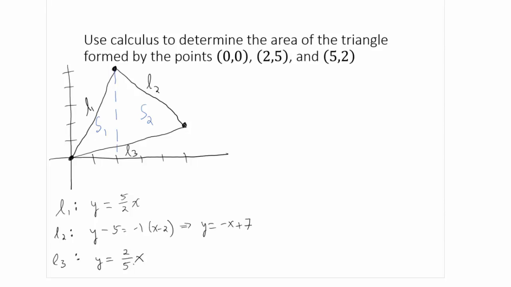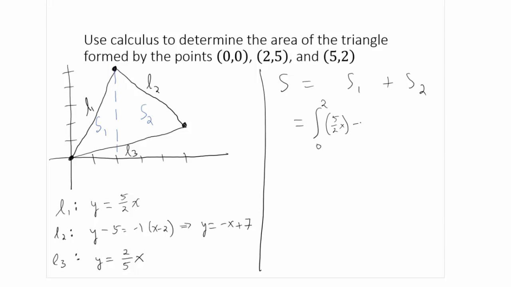All right. So then the total area S is S1 plus S2. For S1, I'd be integrating from 0 to 2, and the upper function is line 1, so 5/2 x, minus the lower function, L3, which is 2/5 x, with respect to x.